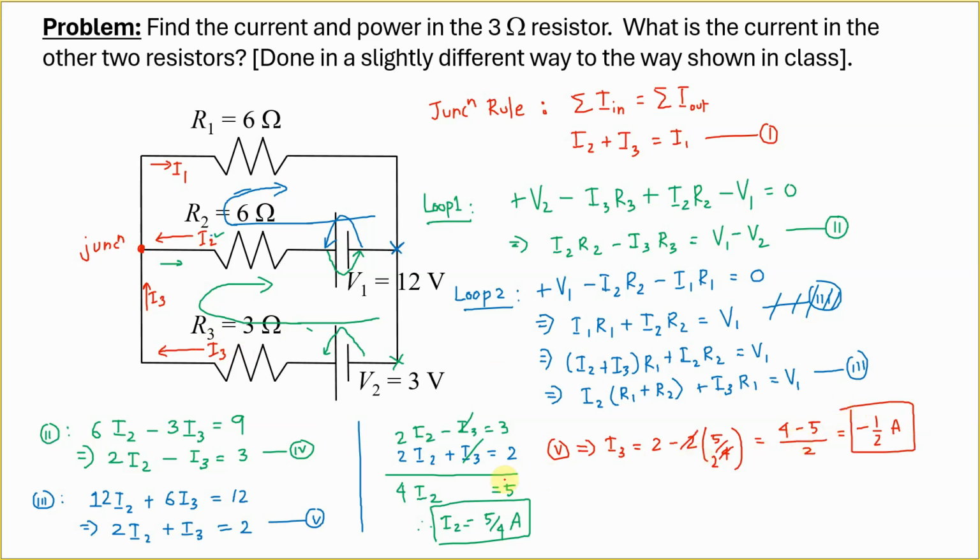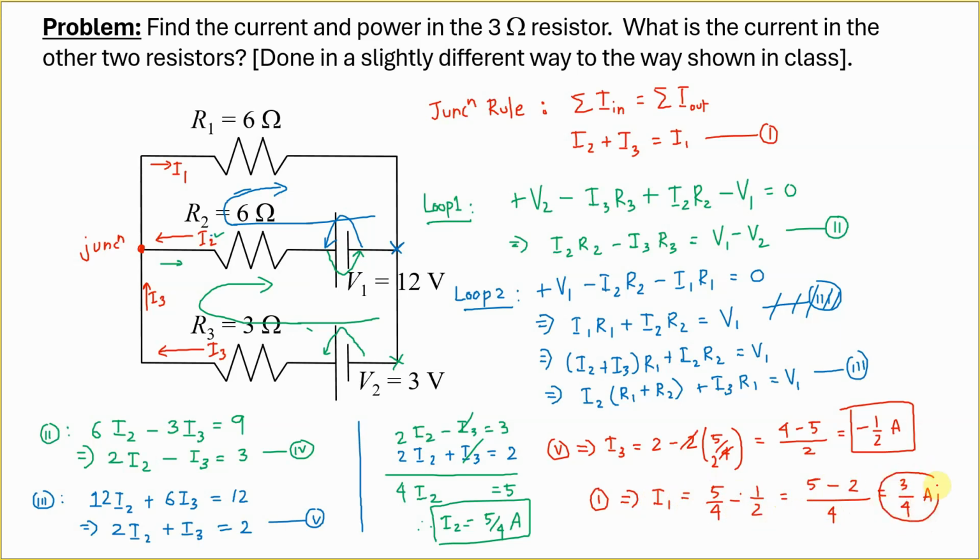All right, now I still have one more current remaining, that is I1, but equation 1 tells me that I1 is equal to I2 plus I3. So I2 is 5 over 4 plus I3, meaning minus 1/2. So what is that? Well, we have 4 here, so 5 minus 2 is 3 over 4 amperes.